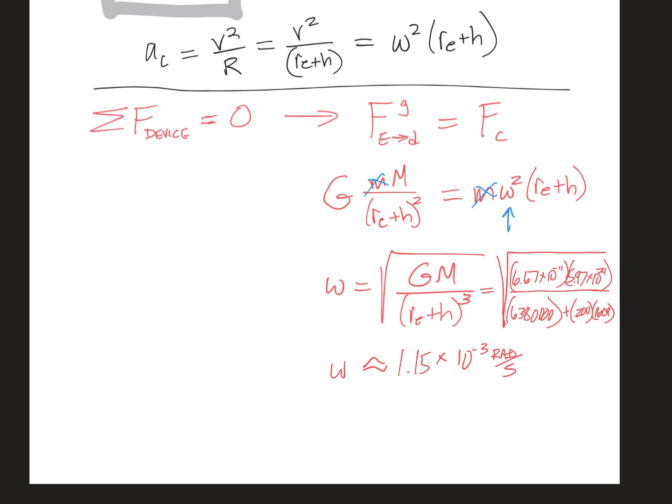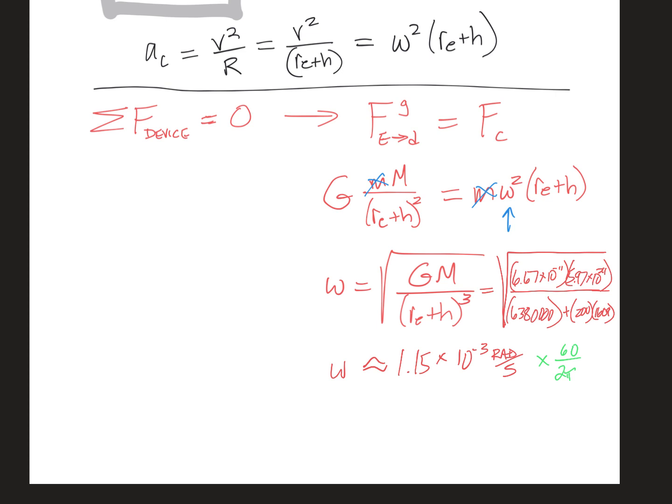And this is free knowledge: if you multiply this times 60 over 2 pi, that'll give you RPMs. You can do that conversion if you want. I'll show that here in a second.